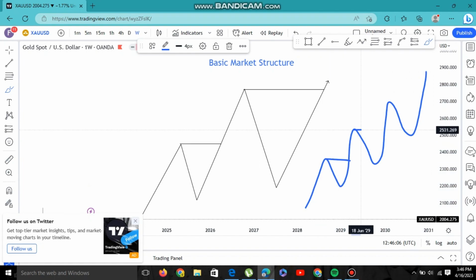But basically, if I'm using market structure, I'll only look at these parts. We have these parts that we call structure points. This is the high and this is the low. So whenever I'm looking at market structure, the basic market structure way, I'll look for these structure points in order for me to understand where is the market heading.